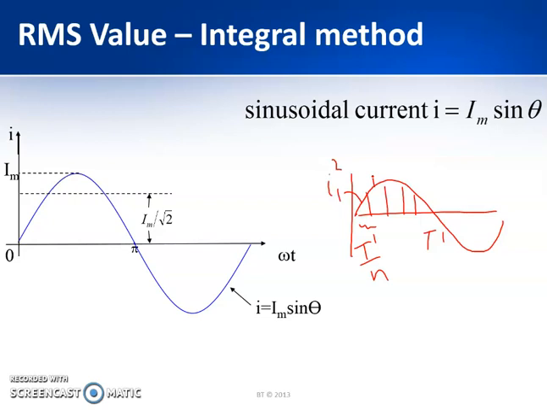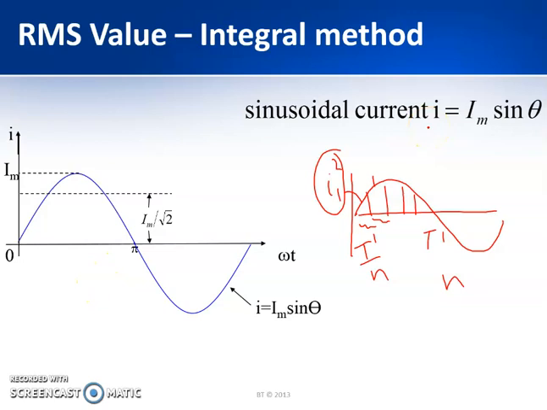If this N is made very large, then these time periods will be very small. That will help in finding an accurate value. So what we are generally doing is taking the area of the half cycle waveform, which is a squared one, that is I1 square. So we take a squared waveform's area, and that is divided by the base length. We are trying to apply the same principle here.